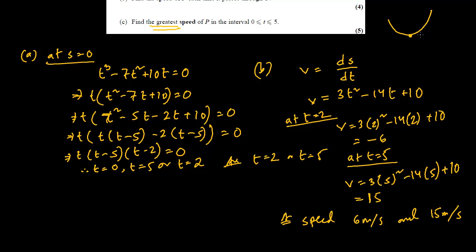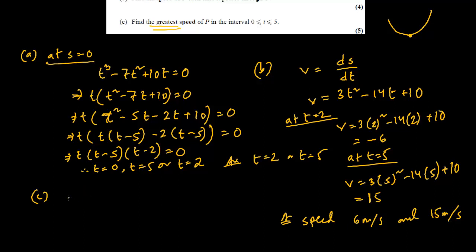So whenever they're talking about maxima or minima, at the turning point the gradient is 0. So now, think in terms of gradient only. Don't think about what dv by dt is in kinematics. Think about this as coordinate geometry.